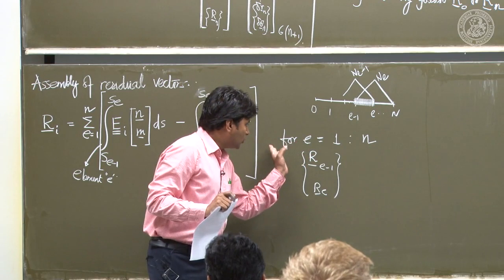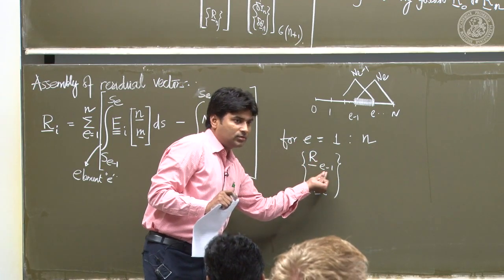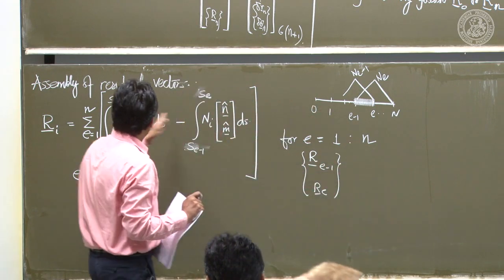So, you go through the loop, find out the contribution for R e minus 1 using this formula.